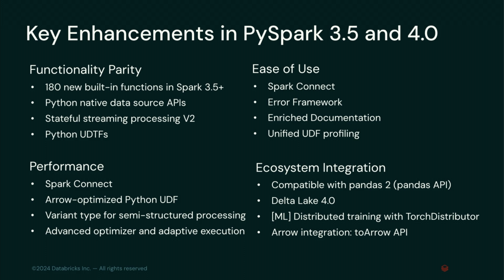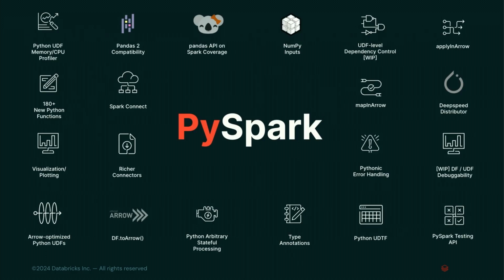And for the ecosystem, the pandas API will be compatible with pandas 2, and we also added distributed tuning with the Torch distributor, and Arrow integration, the two APIs Wenchen just mentioned. Okay, PySpark has so many amazing achievements in the last two releases, just amazing.